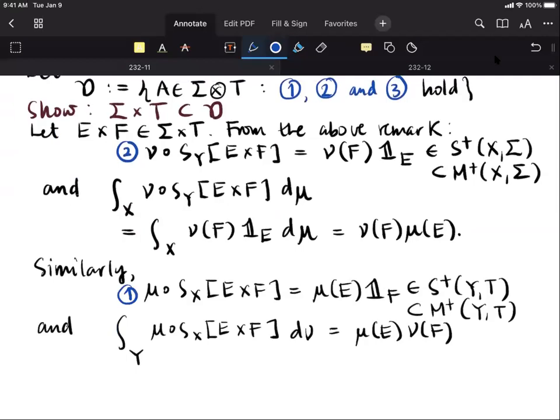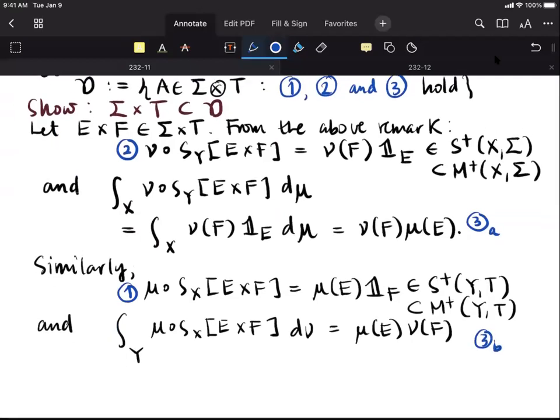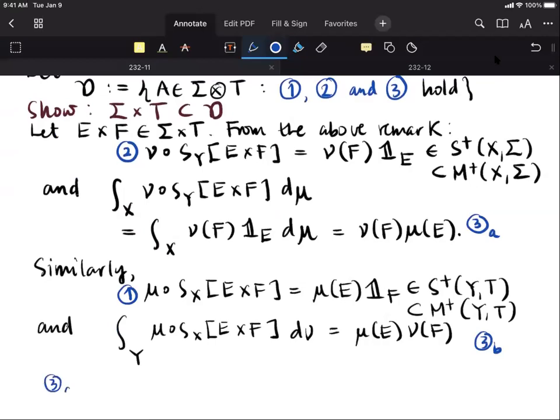And if you combine 3a and 3b, you get 3. Since, of course, these two are equal by commutativity of product in real numbers.